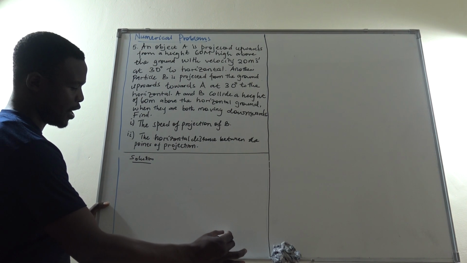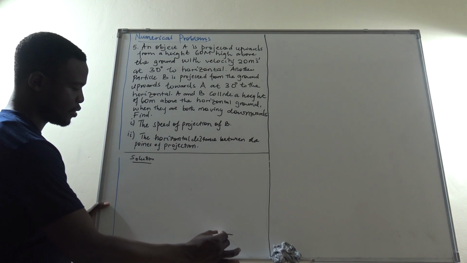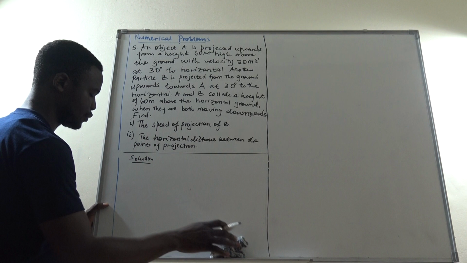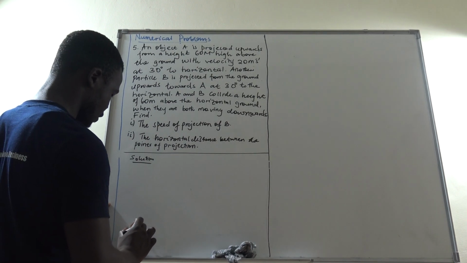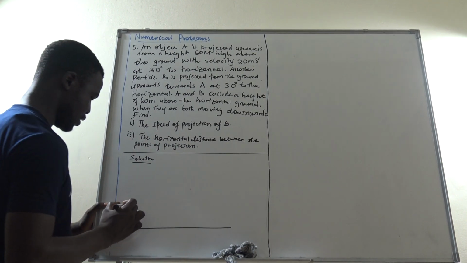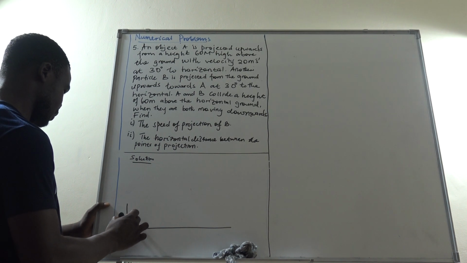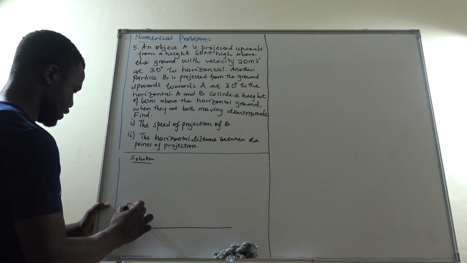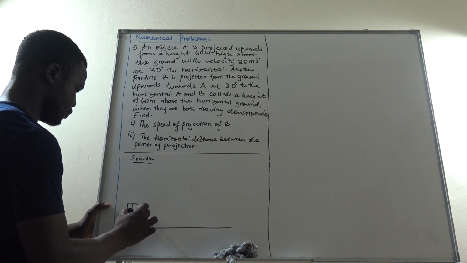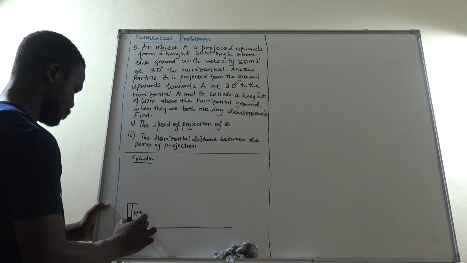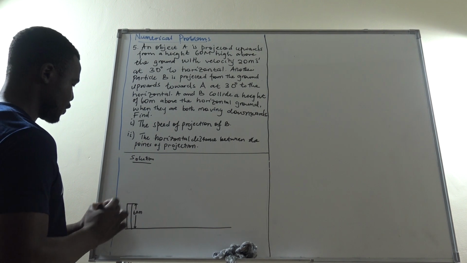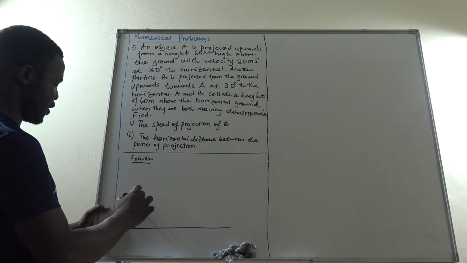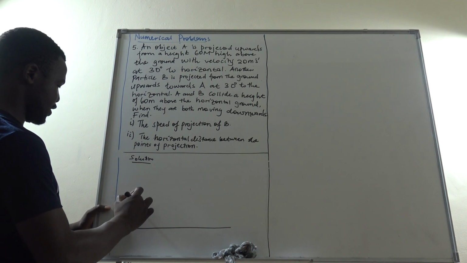Now, assuming this is our horizontal ground, this is a height of 60 meters. The particle is projected from there, at this height here.